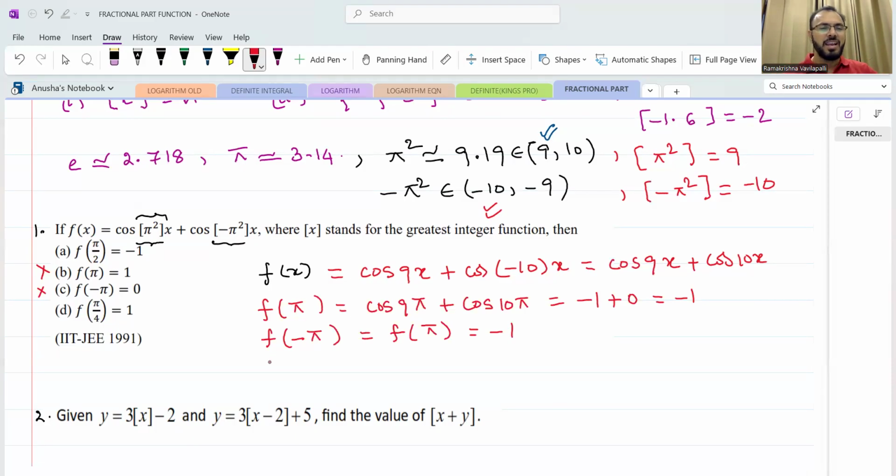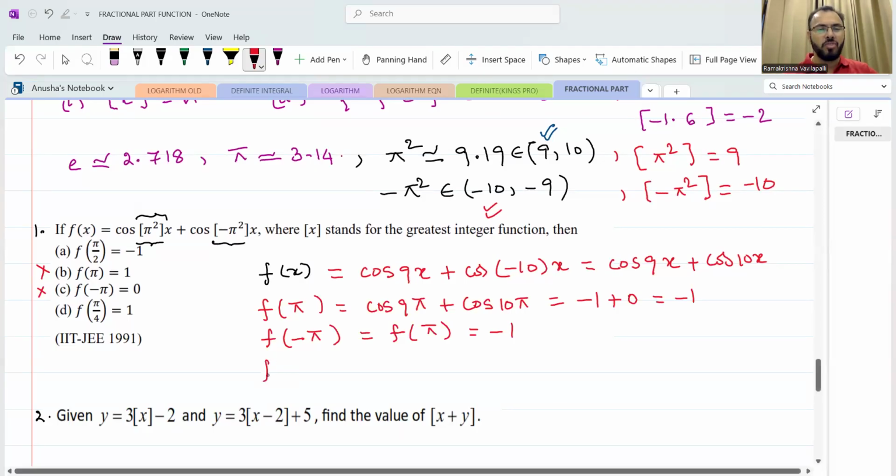Let us check option A. What is f of pi by 2? f of pi by 2 equal to, you substitute x equal to pi by 2, we get cos 9 pi by 2 here, plus substitute here x equal to pi by 2, you will get cos 5 pi.